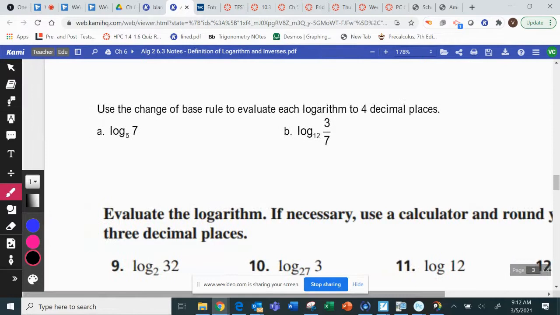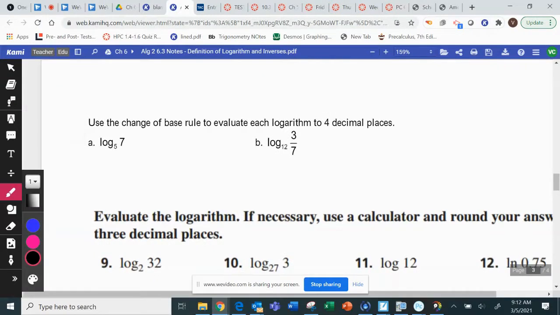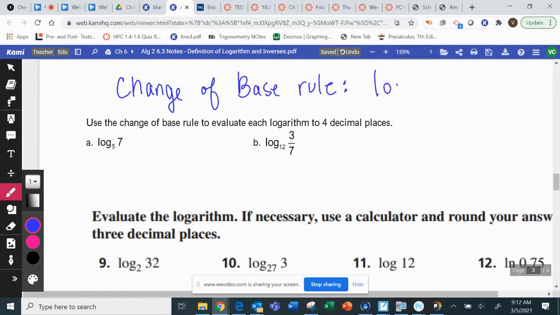This says to use the change of base rule to evaluate each logarithm to 4 decimal places. So let me write the change of base rule on here. If I have a logarithm of some base and some big number, to use the change of base rule, we do log of a different base of the big number divided by log of that same different base of the base.